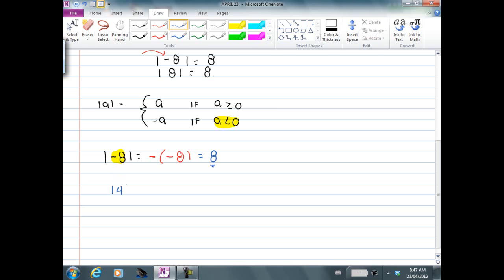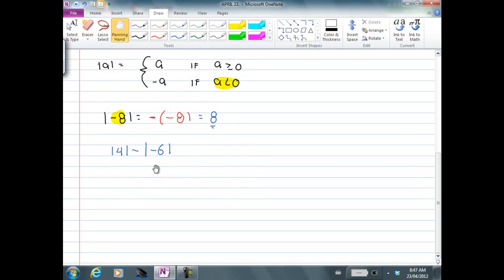What if I give you this? Solve absolute value of 4 minus absolute value of -6. What's your answer going to be? Okay, keep it simple.